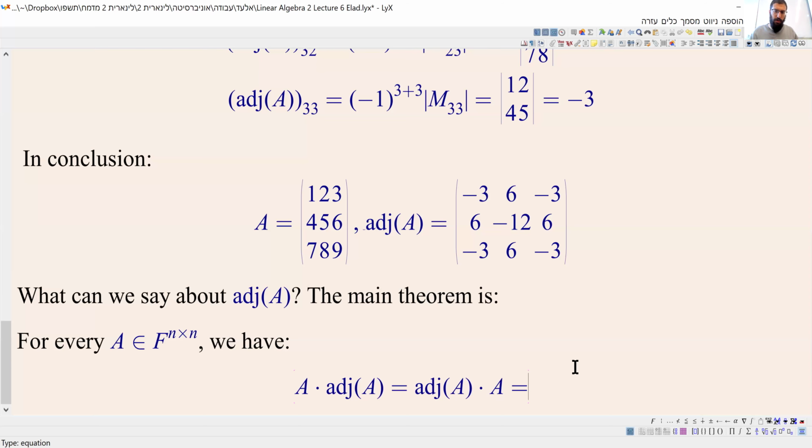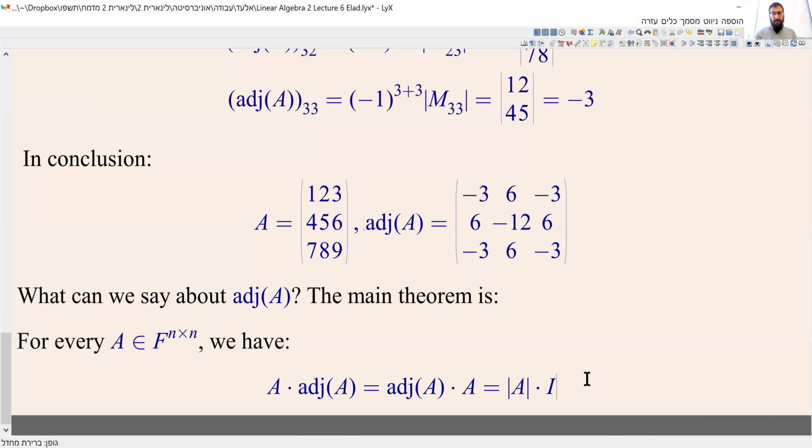First of all, we can stop here. It is not trivial. The two matrices commute, you can change the order in the multiplication, but it's not the main theorem. The main theorem states that when you multiply A with our adjugate matrix, you get the determinant of A multiplied by I. So the diagonal matrix, where every element of the diagonal is the determinant of A.